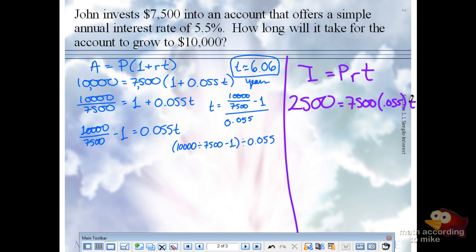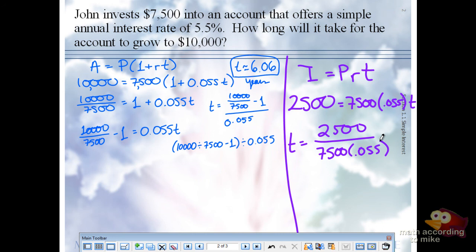If we divide both sides by the 7,500 times 0.055, this would be the exact value of T. But here's the deal. If you put this in your calculator, the denominator has to be in parentheses.